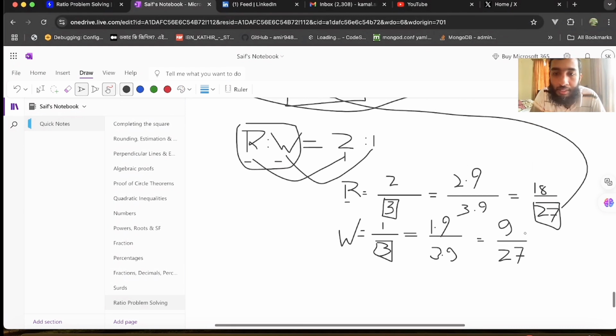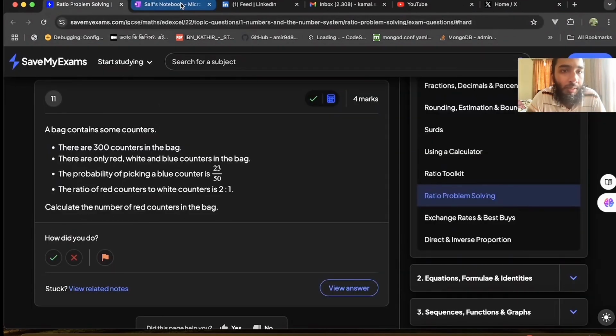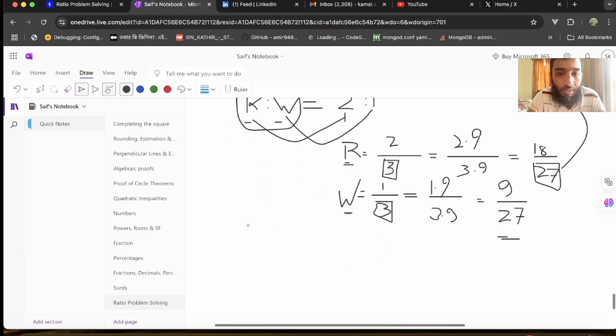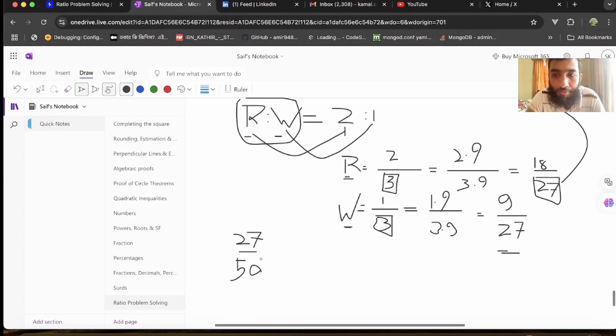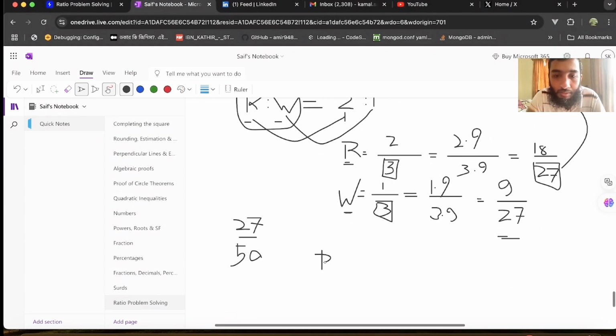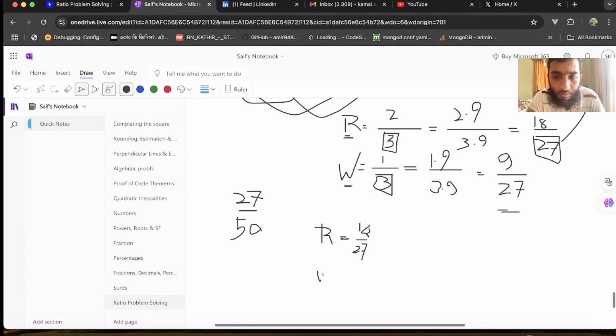So now we can calculate. We have red, which is 18 by 27. We have white, which is 9 by 27 in terms of ratio. Calculate the number of red counters in the bag. So keep in mind that the rest is 27 by 50. Red is what? 18 by 27, and white is 9 by 27.